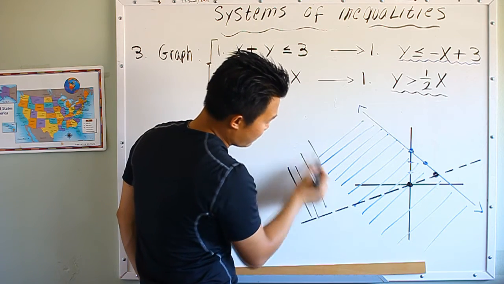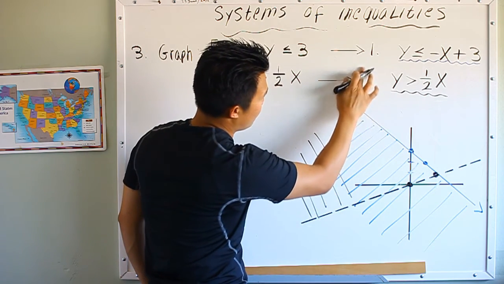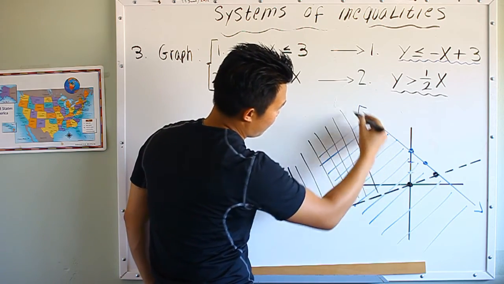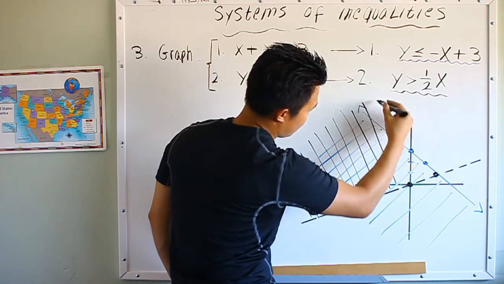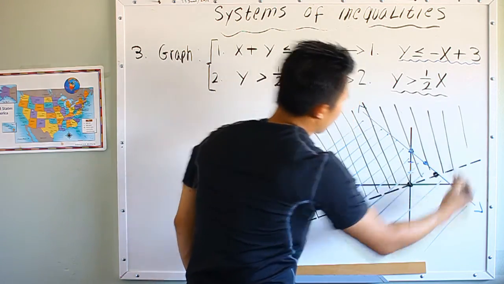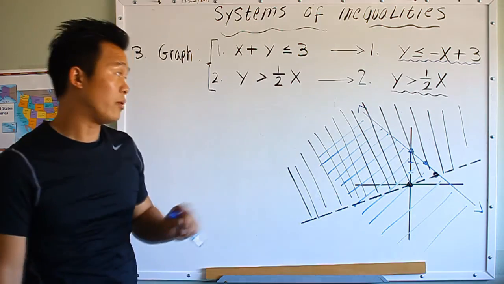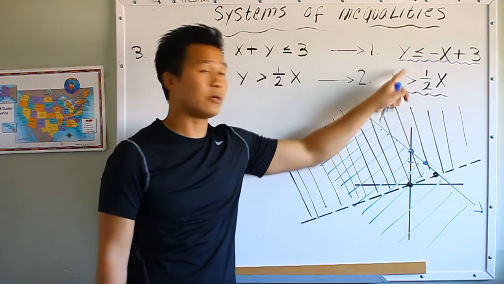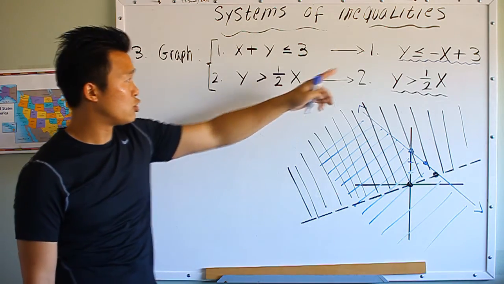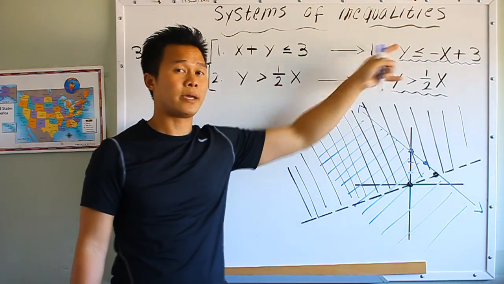Anything that satisfies the second inequality here will have to be above the dotted line, which are here. All right. So again, you don't have to pick a test point. You can just look at each one of these equations and determine which side to shade. This is only true once you have solved for y.